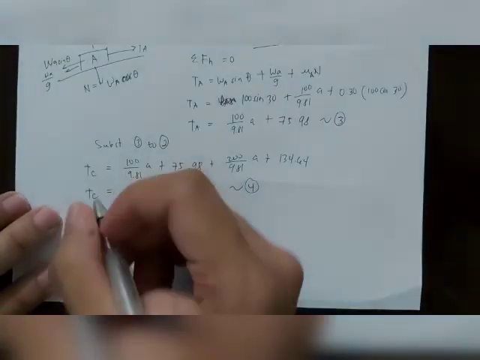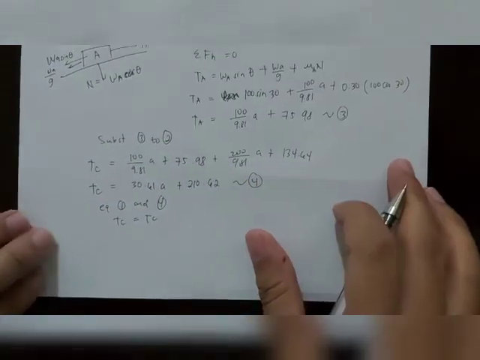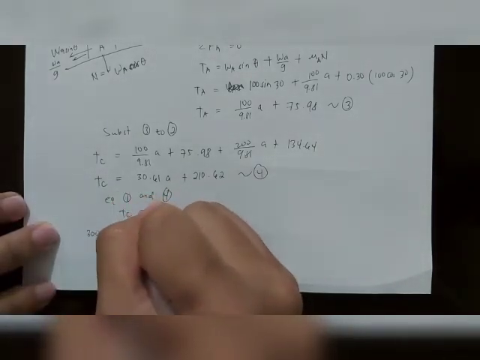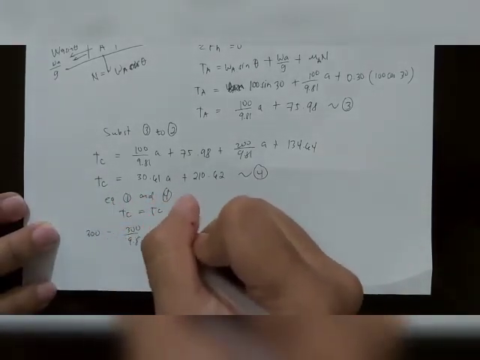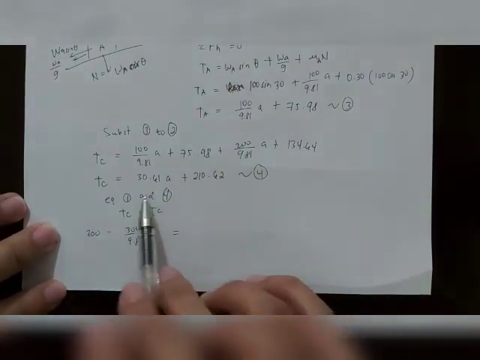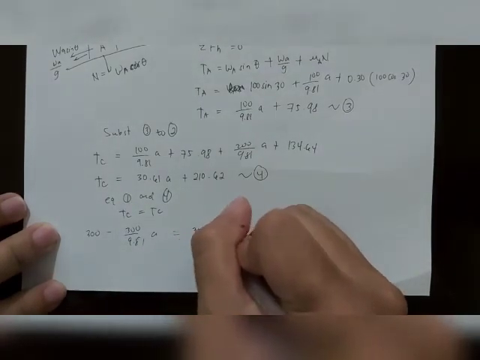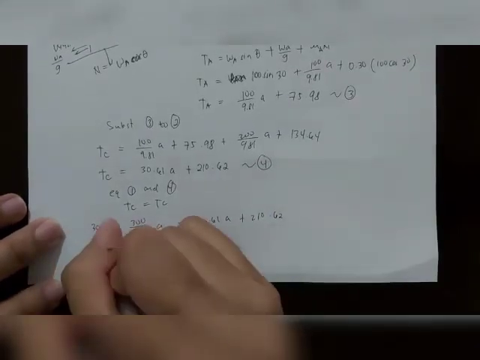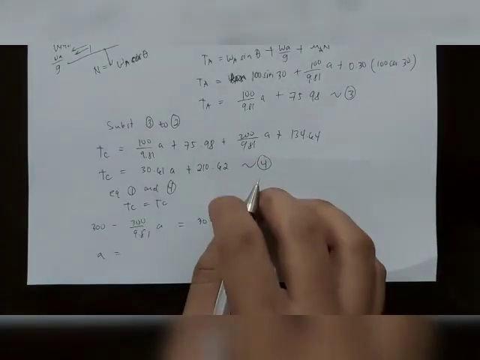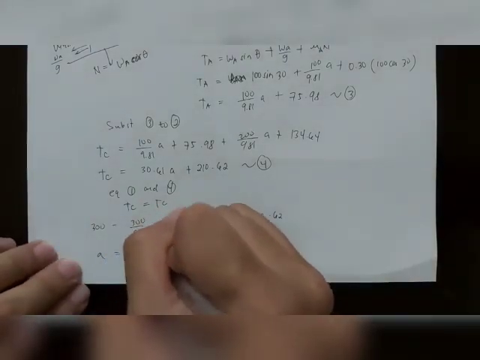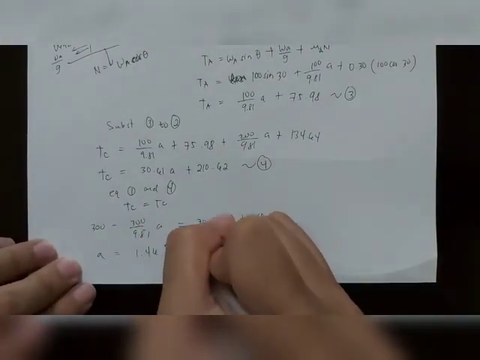So T_C is equal to T_C. Equation 1 is 300 minus 300 over 9.81 a, equal to equation 4, which is 30.61a plus 210.62. So solving for a, we get that a is equal to 1.46 meters per second squared.